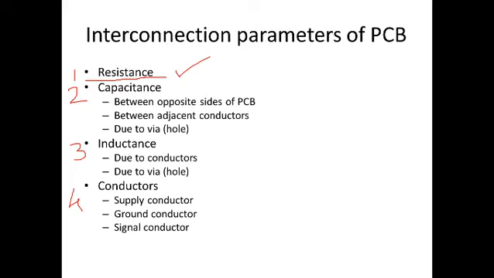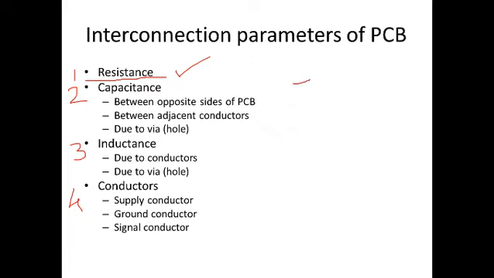The first one is the resistance. The PCB consists of a number of traces, and those traces you can treat as a resistance also. Next, capacitance. What is the basic definition of the capacitor?